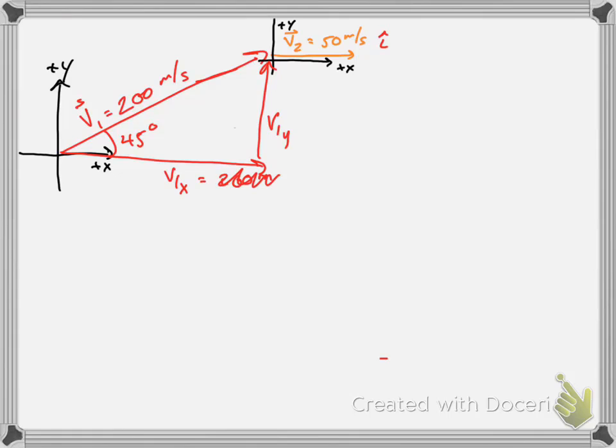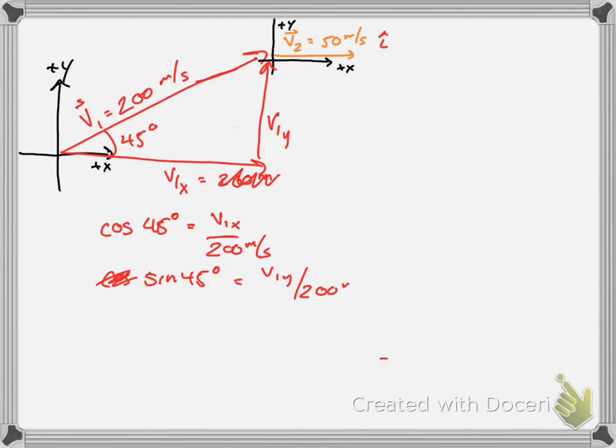For v1x, we can use the cosine of 45 degrees equals v1x divided by 200 meters per second. And the sine of 45 degrees is opposite over hypotenuse, so the opposite is v1y over 200 meters per second. So we can use the cosine and the sine to find v1x and v1y, and that's from the geometry of the right triangle.